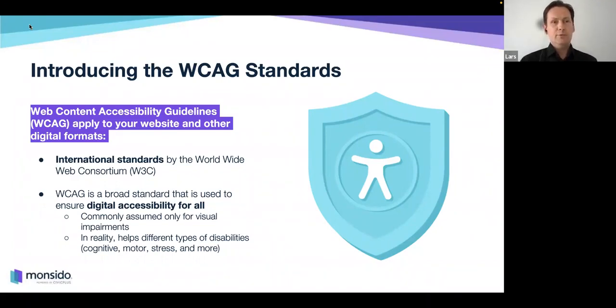So a lot of the legislation in this field, both in the EU and the US and around the world, there are different regional legislations, obviously, but most of them actually point at the same place. In the end, they point at this WCAG standard.